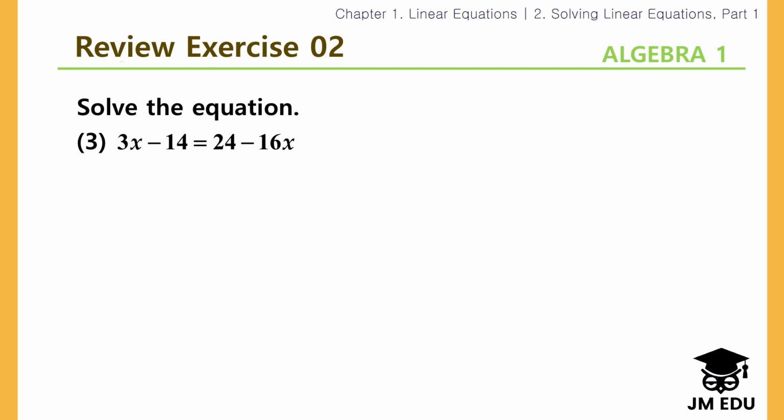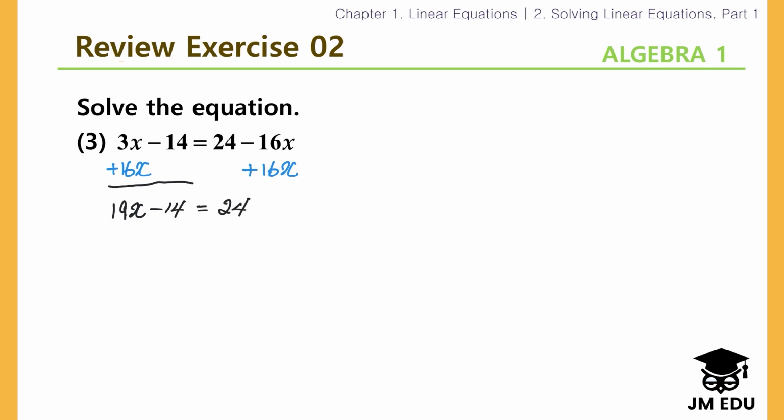Number 3. Okay, the first step, we're going to have to eliminate negative 16x on the right hand side. So add 16x here and add 16x here. So on the left hand side, 3x plus 16x, that's 19x. We have a minus 14 is equal to 24.